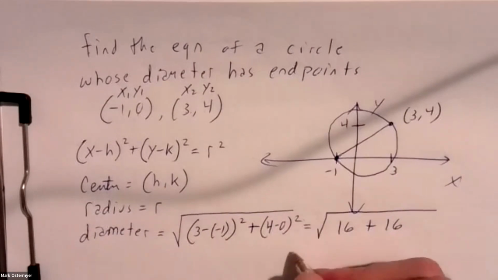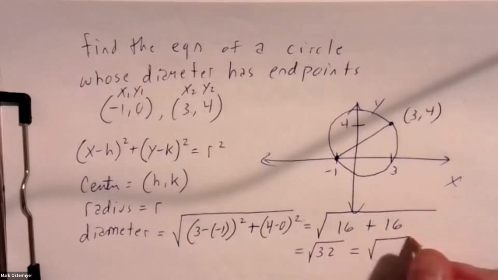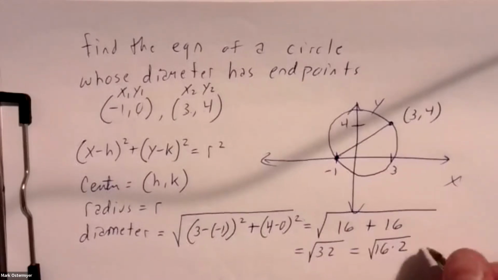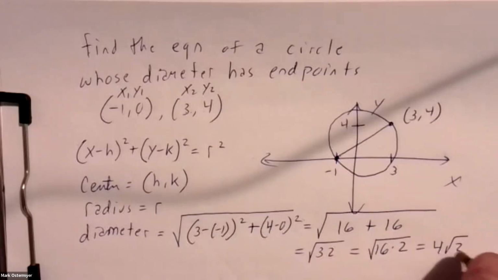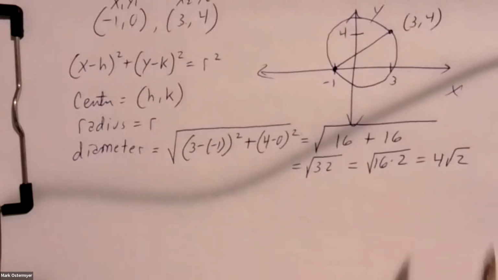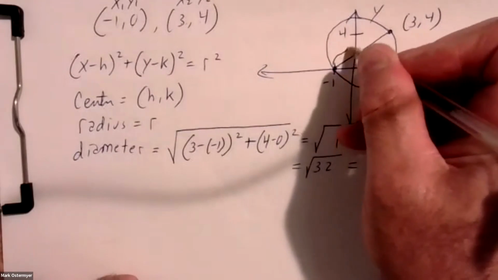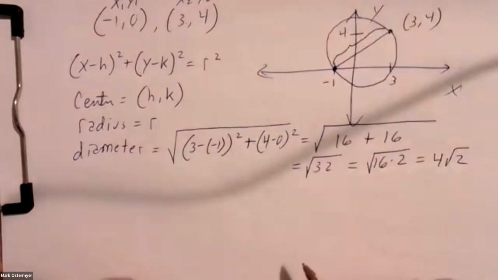So the diameter is going to be the square root of 32, which is really the square root of 16 times 2. The square root of 16 comes out as a 4. So we got 4 root 2. That's the length of the diameter, 4 times the square root of 2 units in length.